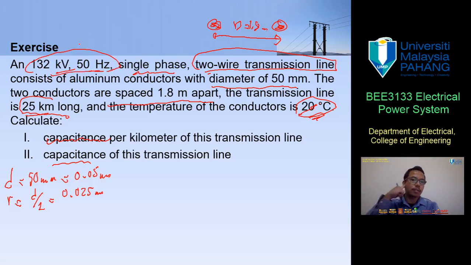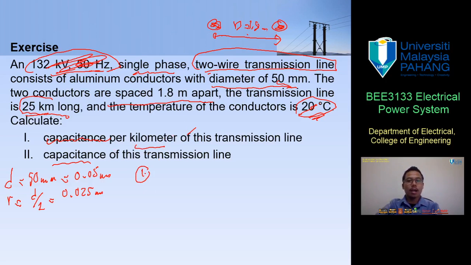So just ignore it. We already have the two clues: D between both conductors is 1.8 meters, and the radius is 0.025 meter.